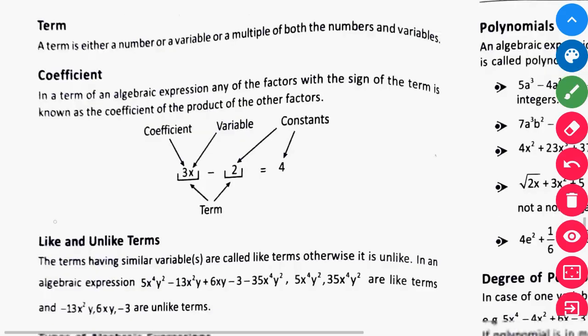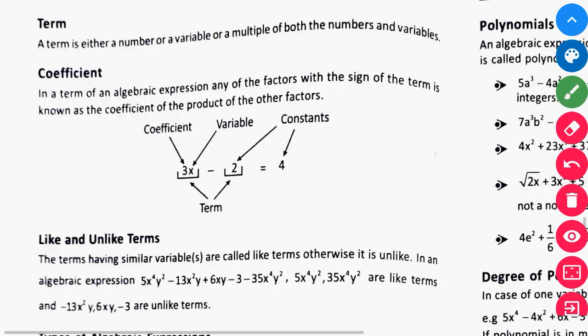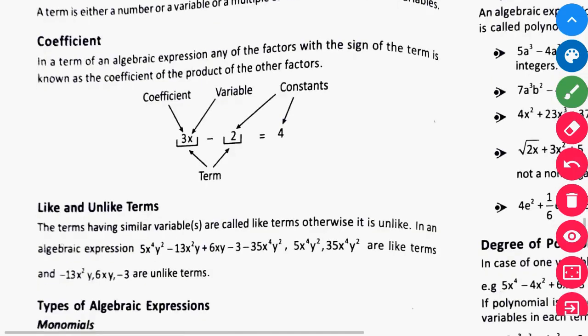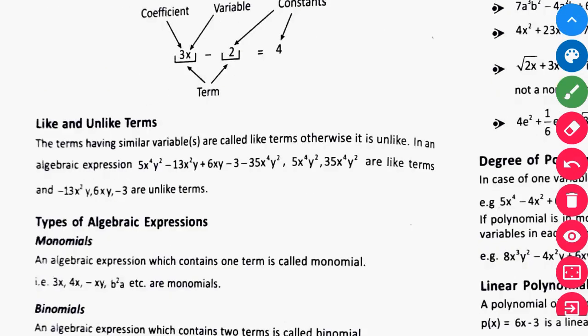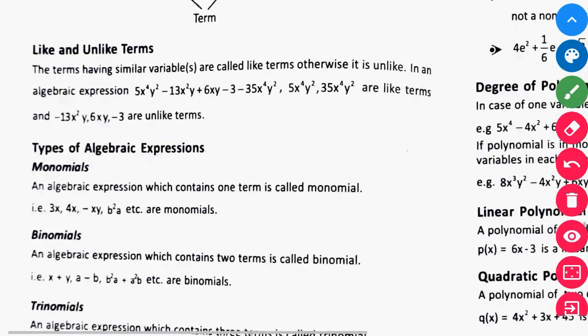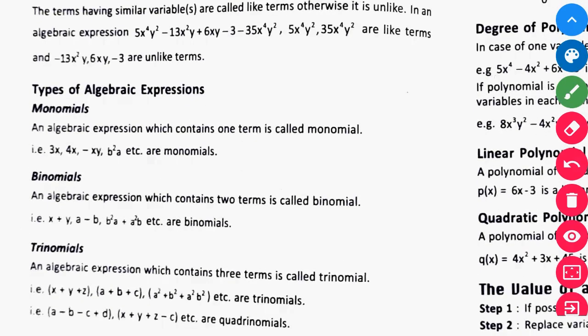Now, like and unlike terms. Terms having similar variables, like x, y, x, x, y, are known as like terms. If they have different variables, they are known as unlike terms. Monomial algebraic expression means the expression having only one term, only one variable term or one constant term.